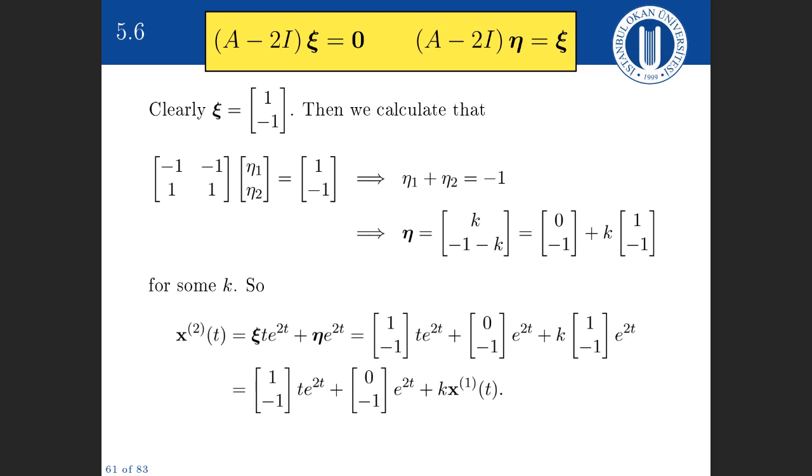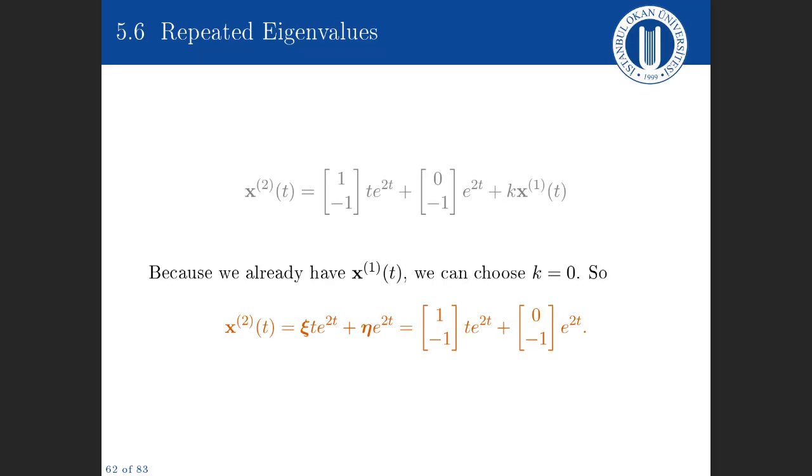And we're trying to find a linearly independent second solution. We don't need something which includes a multiple of our first solution. Because we already have x1, it's okay to choose k equal to 0.